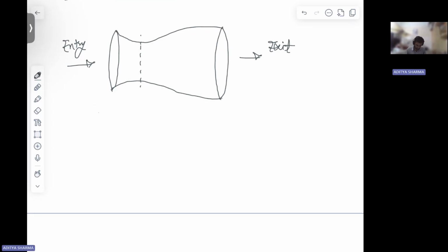So here the pressure ratios: what is your pressure at the entry and what is your pressure at the exit? These ratios play a very important role. Again, this is your throat.